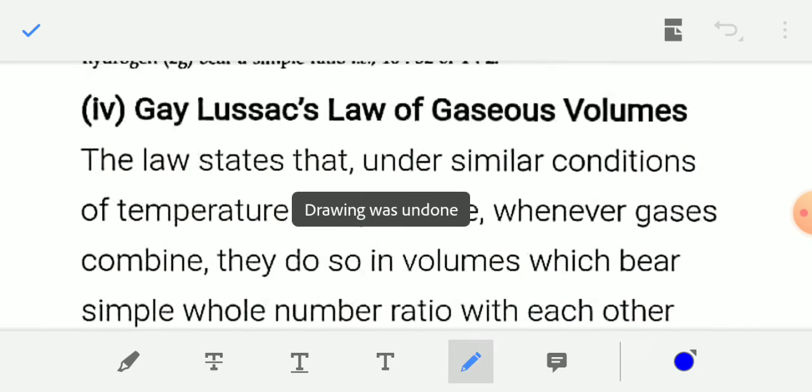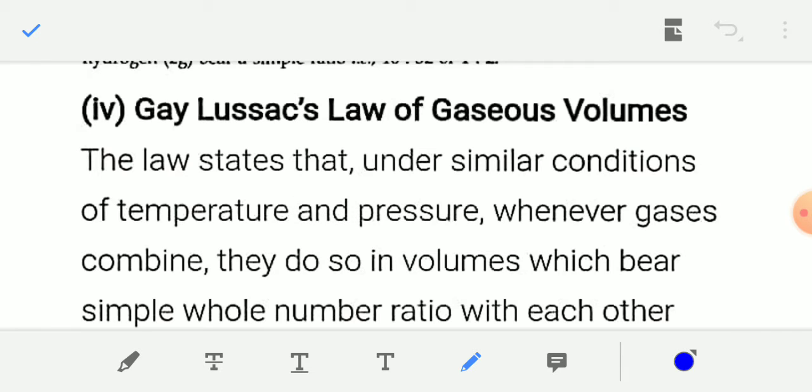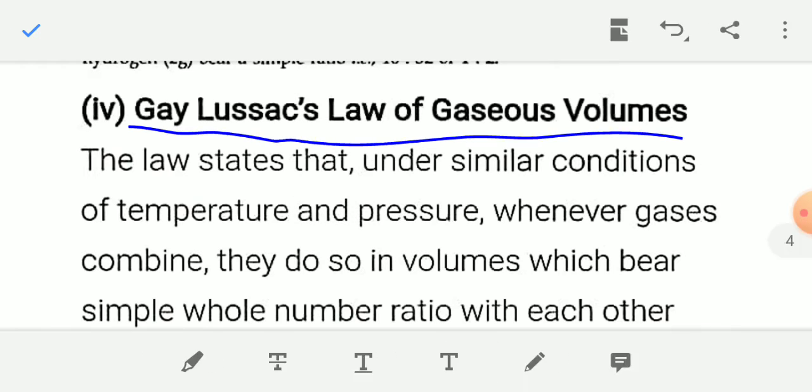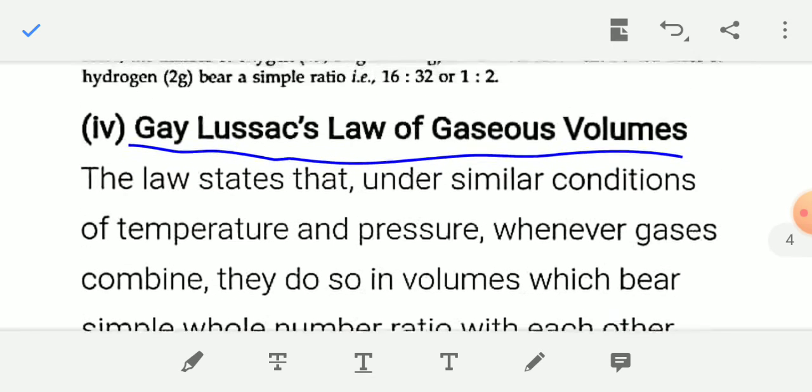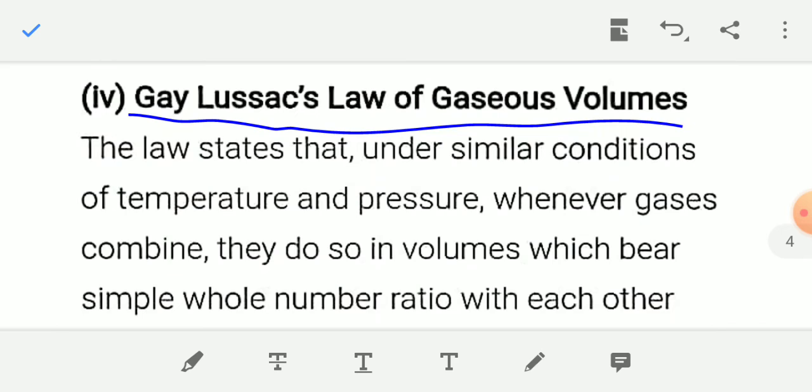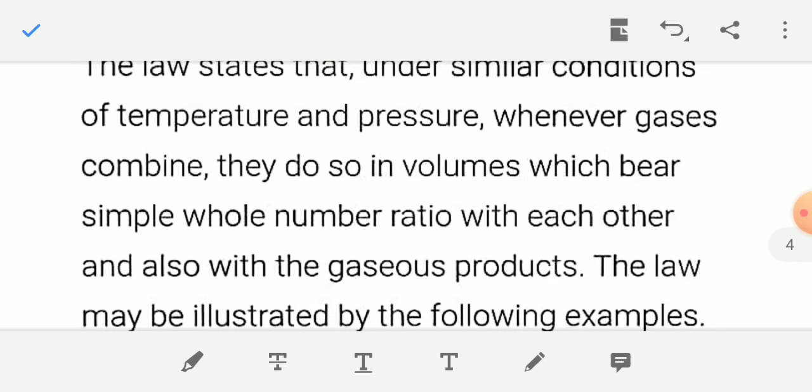Next, Gay-Lussac law of gaseous volume. The law states that under similar conditions of temperature and pressure, whenever gases combine, they do so in volumes which bear a simple whole number ratio with each other and also with the gaseous product.